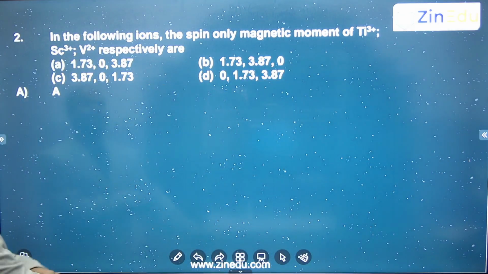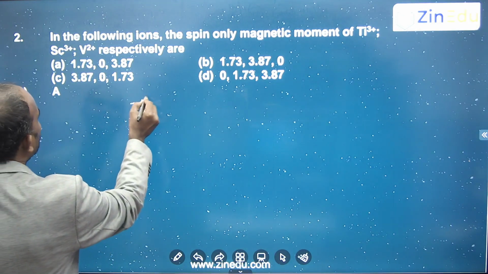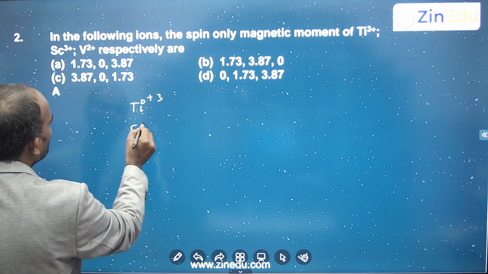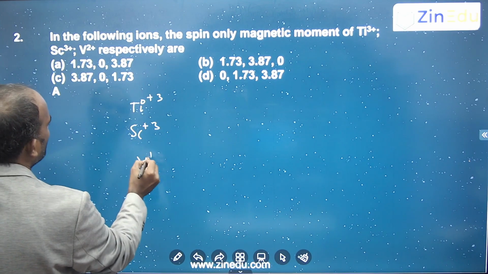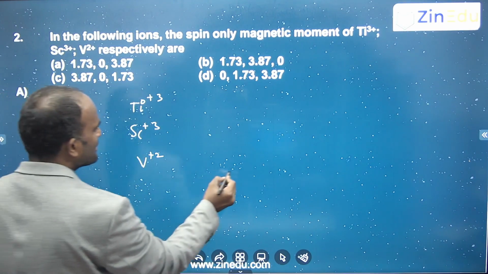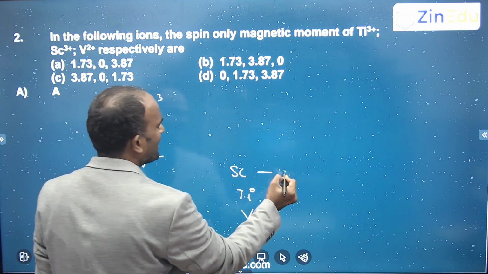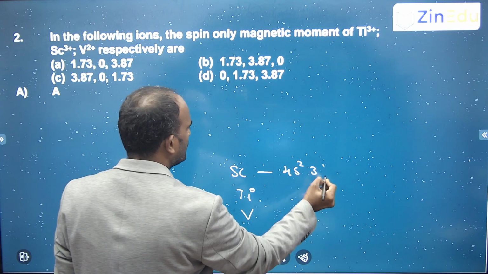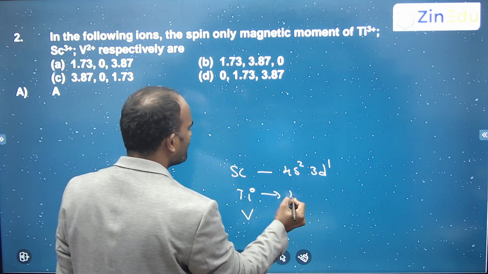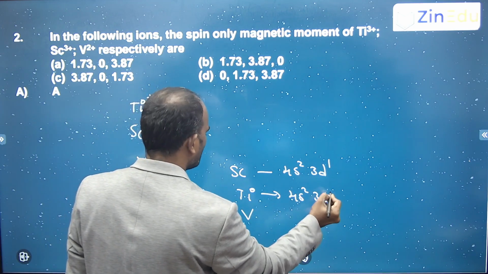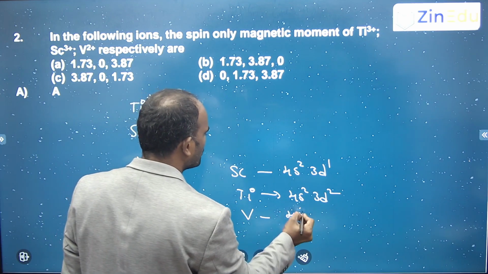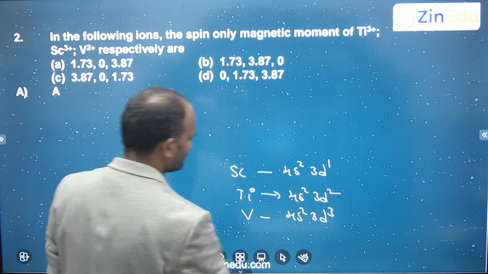Next question. The following ions, the spin only magnetic moment. Ti plus 3 is given, scandium plus 3 and vanadium plus 2. As we know, scandium is 4s2 3d1, titanium is 4s2 3d2 and vanadium is 4s2 3d3.